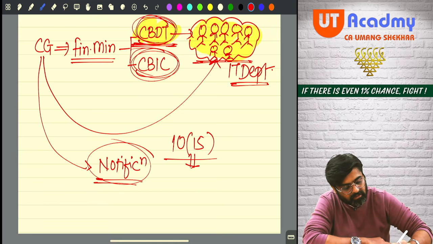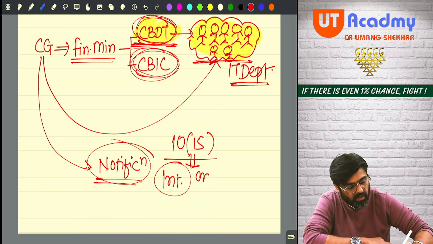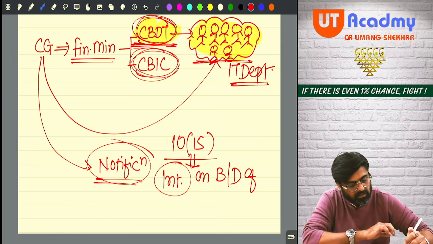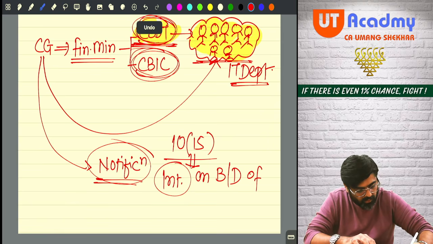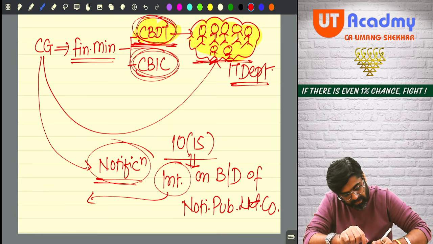This section says that any interest on bonds or debentures of notified public limited companies, that interest will be exempt.